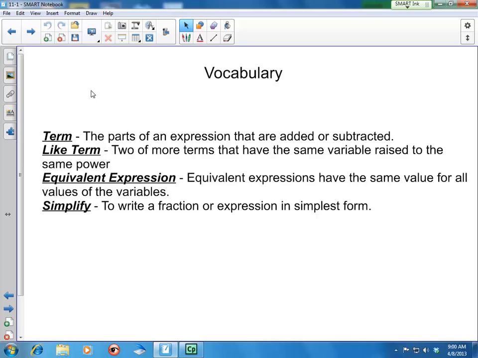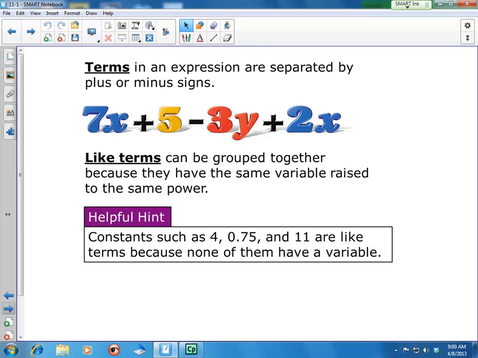Now, let's take a look at this first slide here. It gives us an idea of terms and also like terms. The expression itself is color-coded to indicate which terms are like terms and which obviously are not. We have a helpful hint down here.